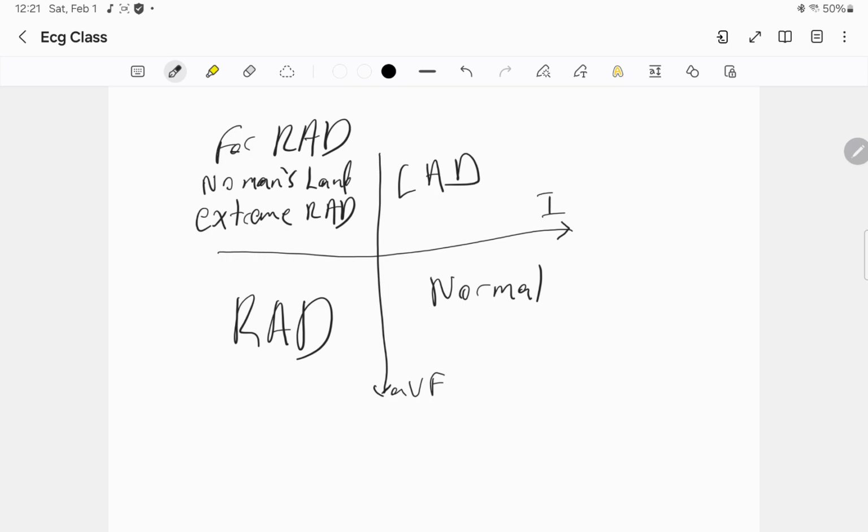So remember from the diagrams of the electrode placement and how the leads are formed, for lead 1, the negative would be on the right arm and the positive electrode would be on the left arm. So you can see why this side would be left and this side would be right.